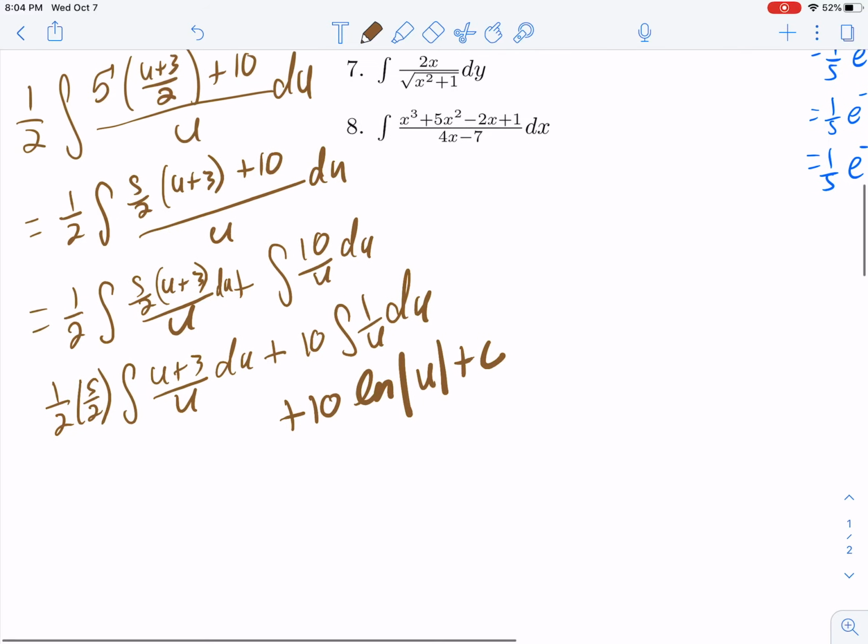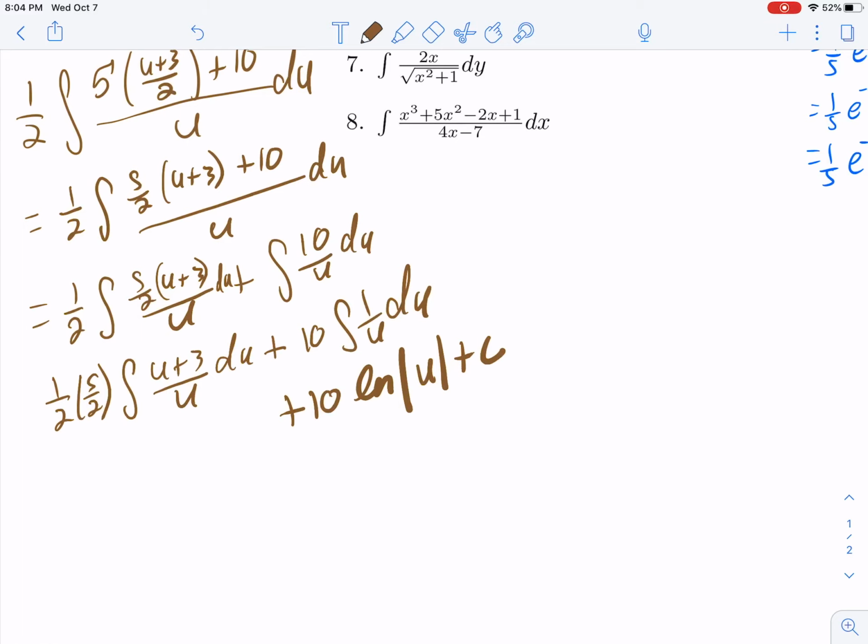And now this other one, we need to do kind of the same trick again. So 1/2 times 5/2 is 5 over 4. Integral of u over u du plus integral of 3 over u du. And these are all in parentheses.